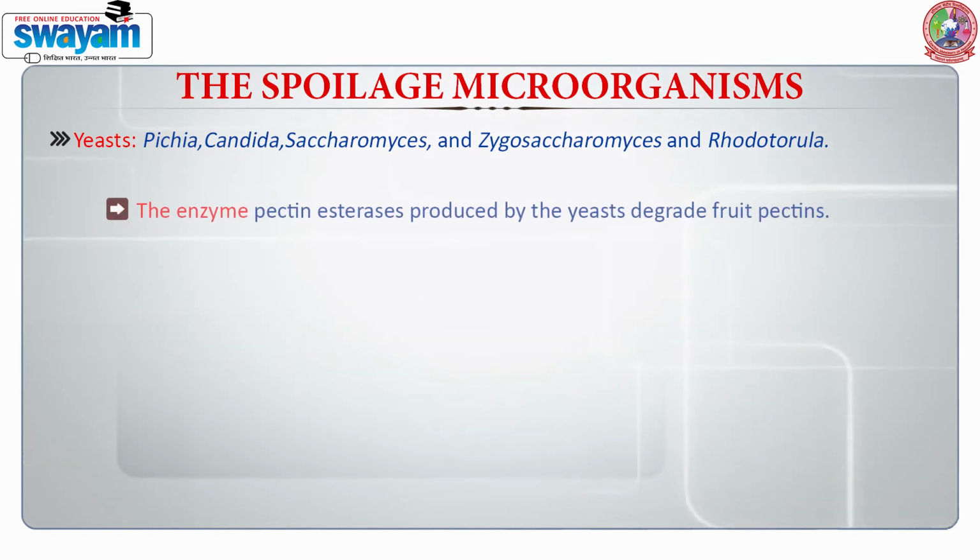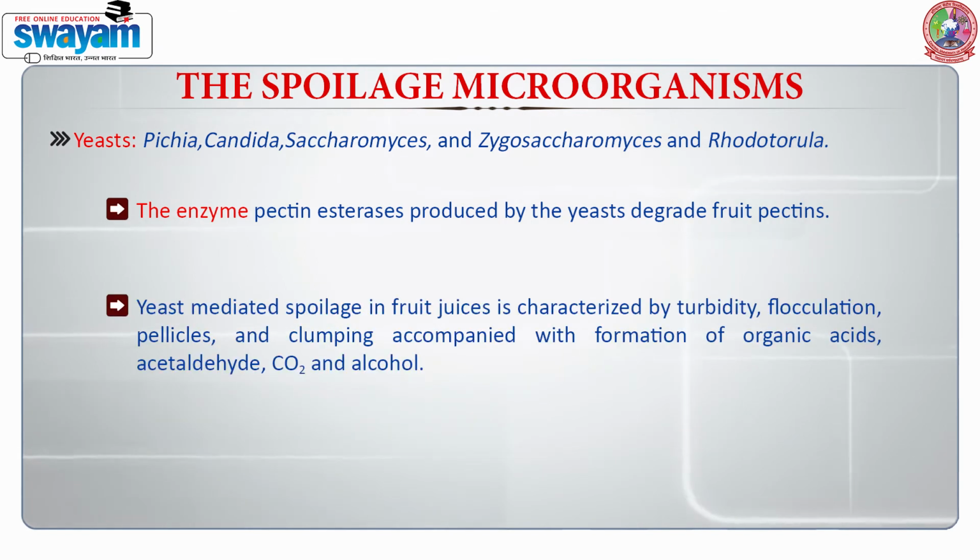Rhodotorula synthesizes the enzyme pectin esterases, which degrade the pectin component of the fruits. The yeast mediated spoilage is primarily characterized by turbidity, flocculation, pellicle formation, clumping, accompanied by chemical changes like formation of organic acids, acetaldehyde, carbon dioxide, and alcohol.